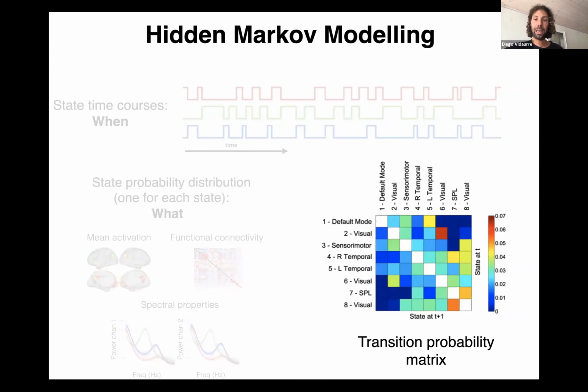And then the last element is, because the HMM is a very simple dynamical system, you have these dynamics encoded as a transition probability matrix that tells you the probability of going from one state to another at each time point, or of staying in the state that you are currently in. So that's the very basic hidden Markov model, and there are a lot of varieties that build on that, but that's the basics.